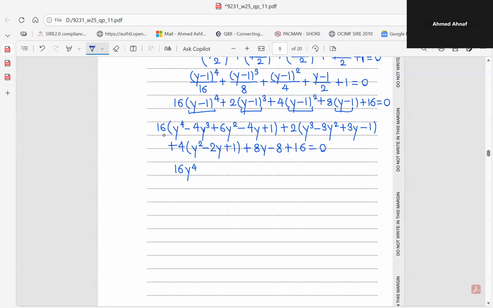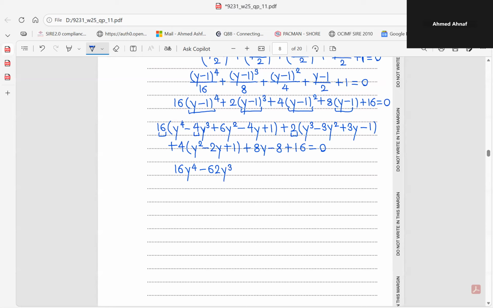For y cubed, we have minus 4 and we have 2 times y cubed, so minus 4 plus 2, that is minus 2y cubed.